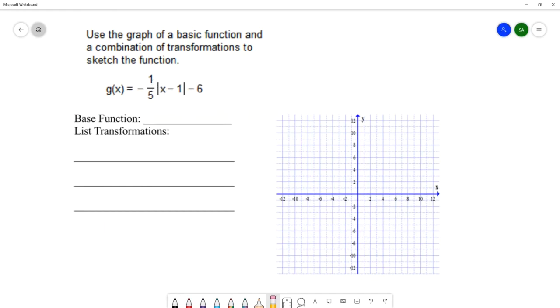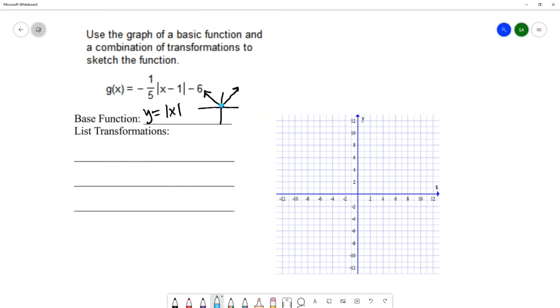So here we have absolute value bars, and that is our clue that we have a base function of absolute value of x. And once we recognize the base function, I want your mind to go to what the graph looks like. We know that the absolute value function has a V-shaped graph, and we notice that this corner here on the graph happens at 0, 0.